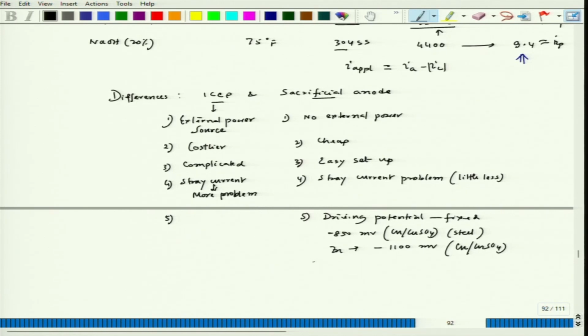So, then the driving potential would be 1100 minus 850, which is close to around 250 millivolt, fine. So, this is fixed once we fix the zinc, but here we can actually have driving potential can be varied.